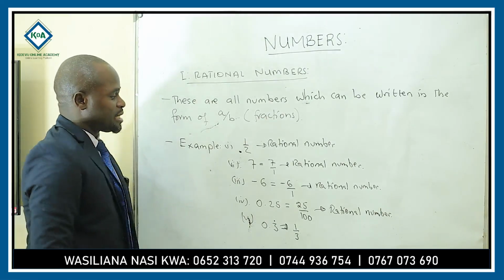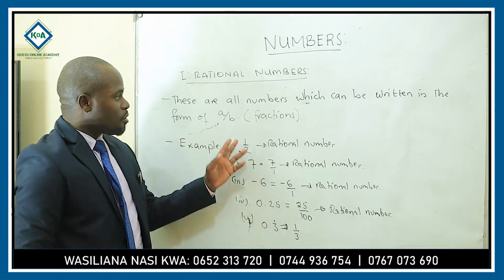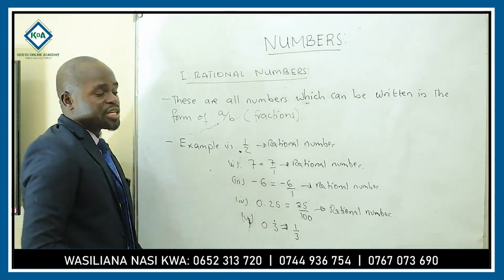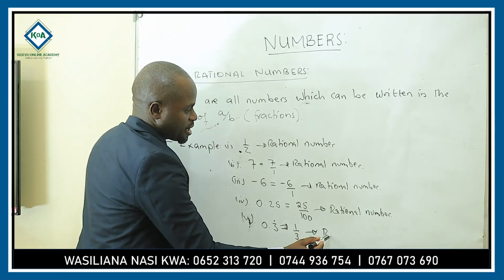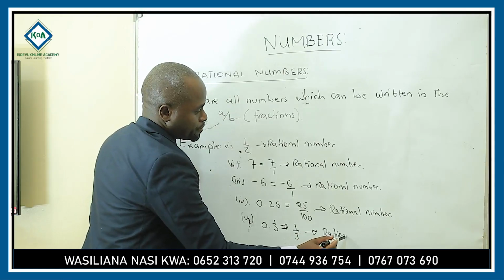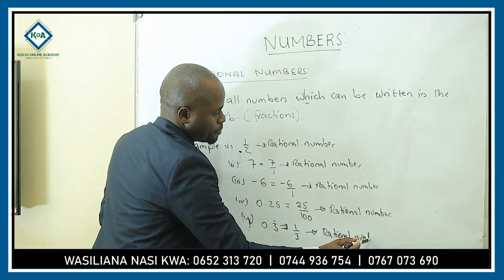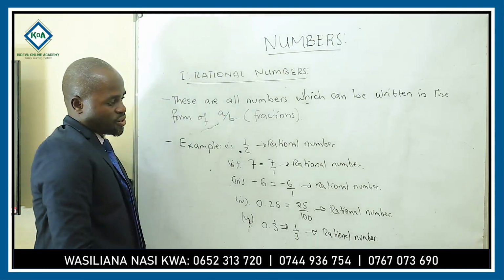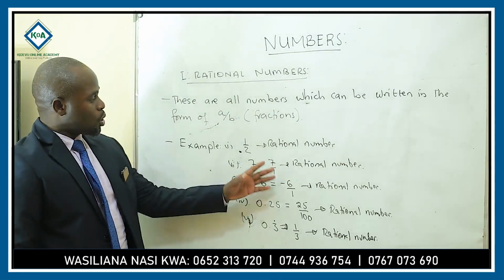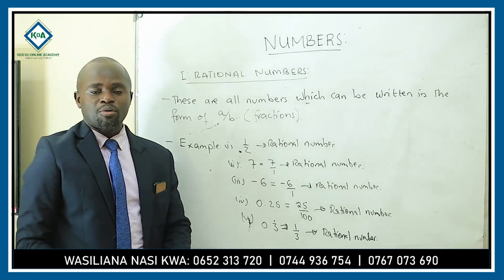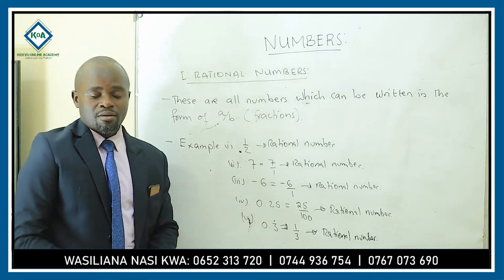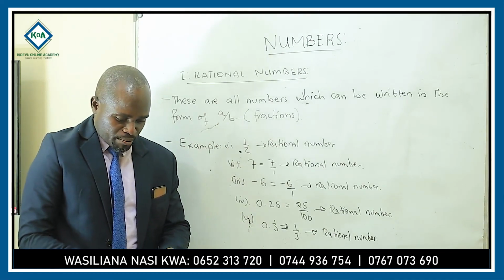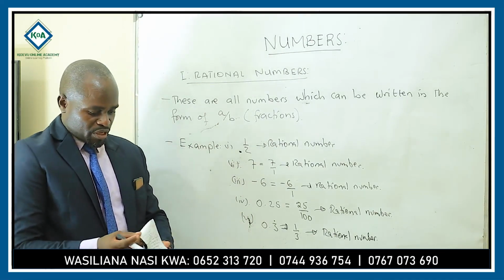Then 1/3 is a number written in the form of A/B, which is a fraction, which is rational. So all of these and other examples of numbers which can be expressed in terms of A/B are called the rational numbers.